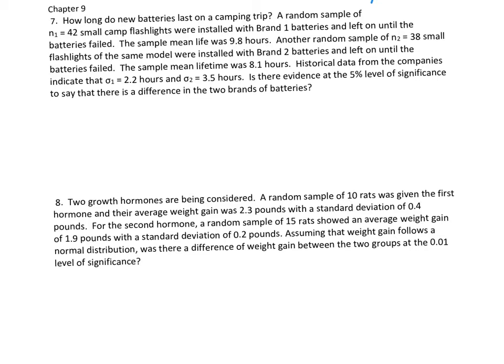Now, as I'm looking through that, I see the sample sizes are both more than 30. So I don't need to see normally distributed anywhere in there. I'm good to go. But I haven't seen any standard deviations. When I get down to near the bottom, historical data from the companies indicate that that's a population standard deviation. So this is going to be a 2 sample z-test.